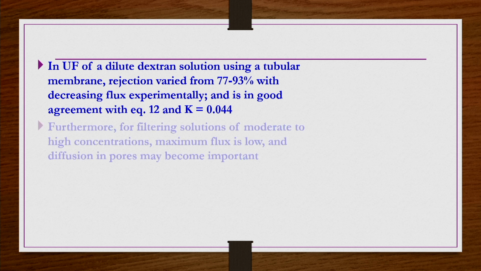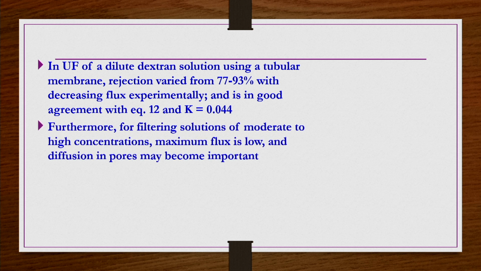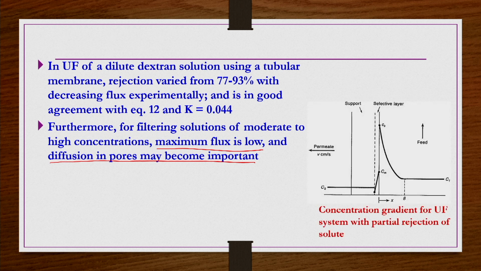But in general, what happens for filtering solutions of moderate to high concentration is that maximum flux is in general low, and then diffusion in pores may become important. In some cases, it is possible that the diffusion in pores is much more dominant than in the other cases. Under such conditions, how would these equations change? Previously, the concentration changes we have seen were on this side.